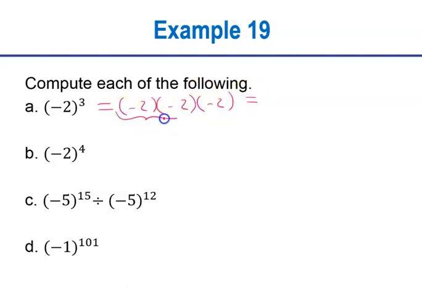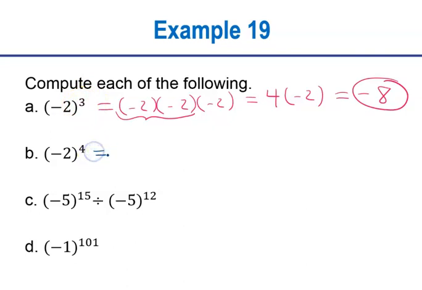And we're supposed to do this from left to right. So negative 2 times negative 2 is a positive 4 times negative 2, which is equivalent to negative 8. So we know a positive times a negative is always a negative. What do we know about a negative raised to an odd power? Let's keep that question open and think about that for a minute.